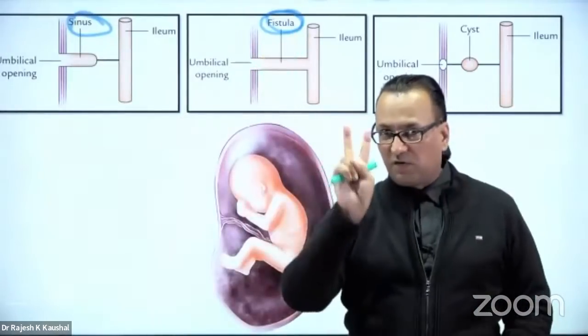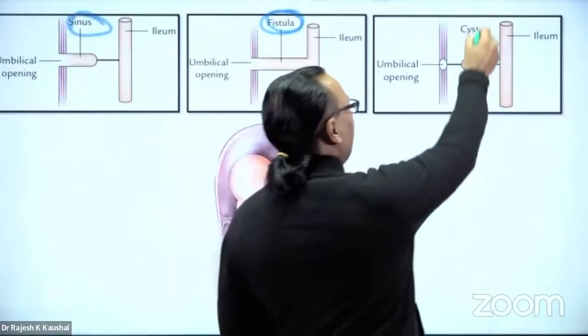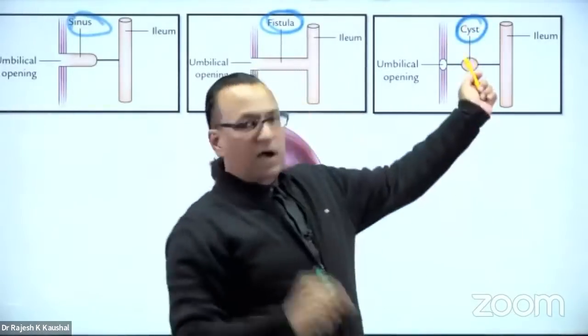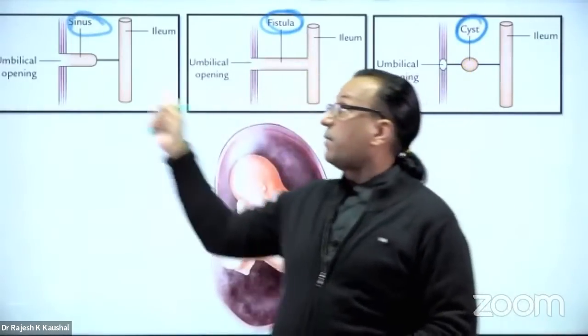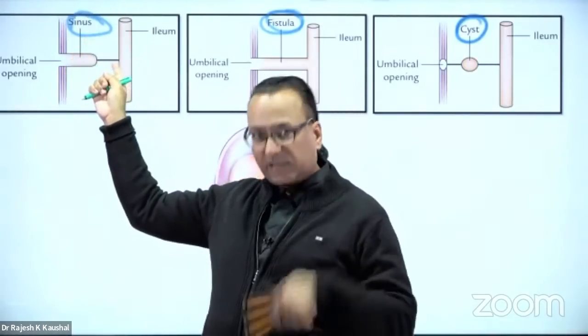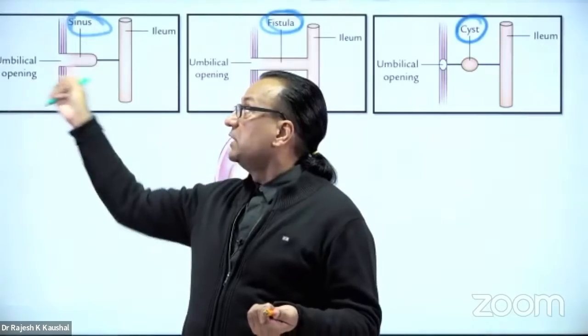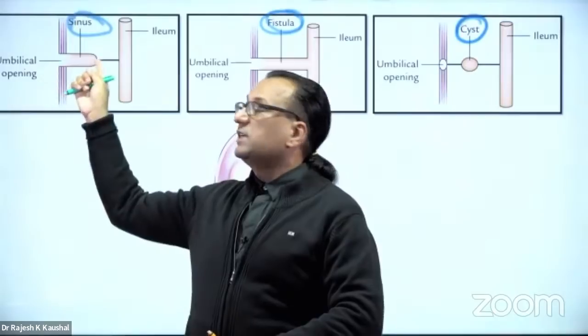Fistula is double opening. And what is a cyst? Cyst has no opening. There can be a Meckel cyst, a Meckel fistula, or a Meckel sinus. If the proximal part was obliterated and only the distal part was patent, then you will have an opening in the umbilicus, which is called the Meckel sinus.